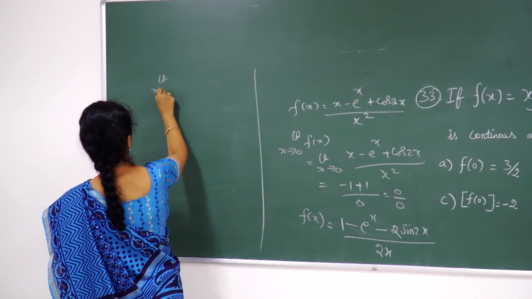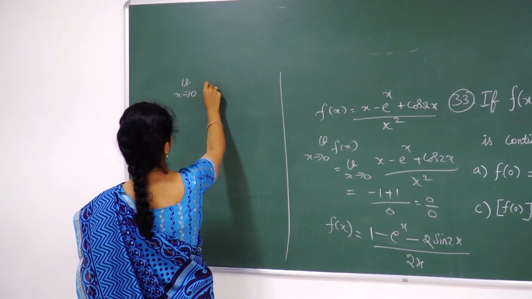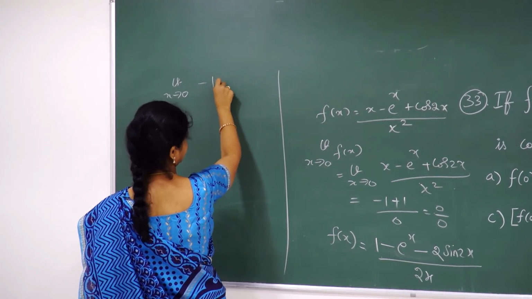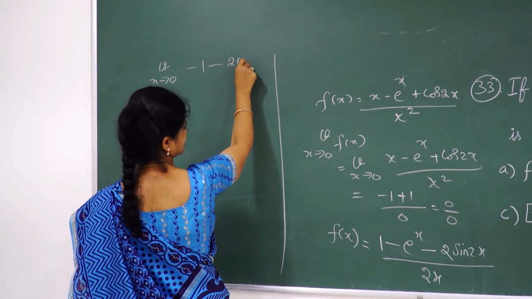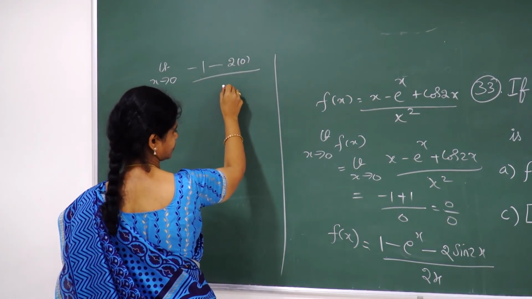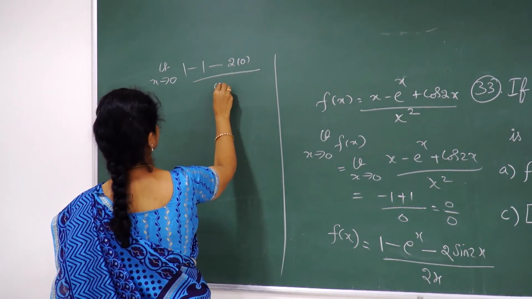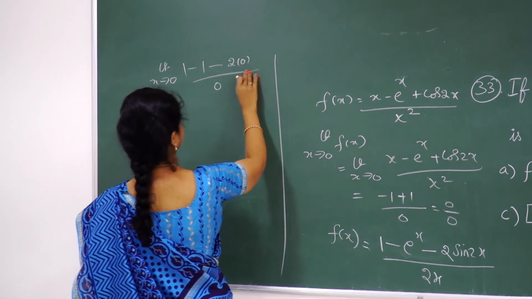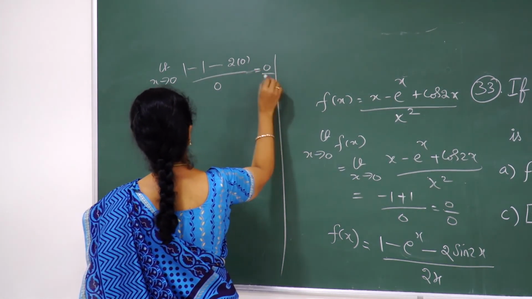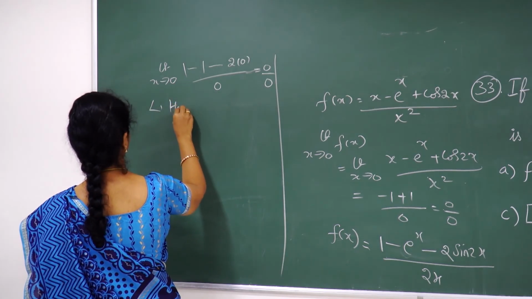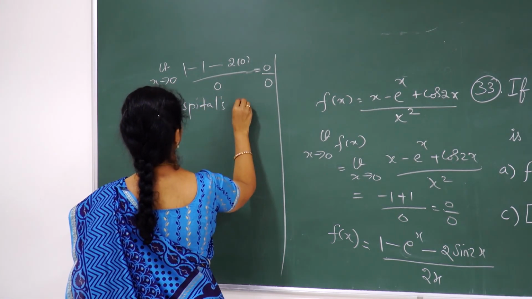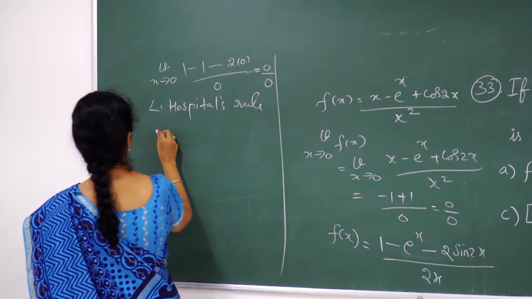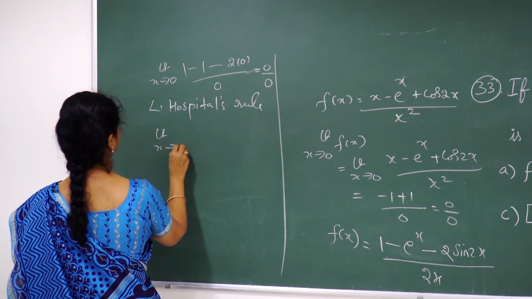Limit as x tends to 0, you get 1 minus 1 minus 2 into 0, divided by 0. So again you get a 0 by 0 form. Again applying L'Hopital's rule, limit x tends to 0.